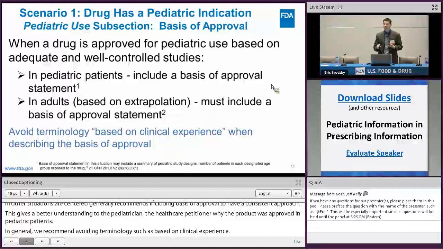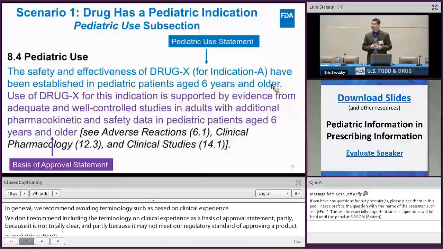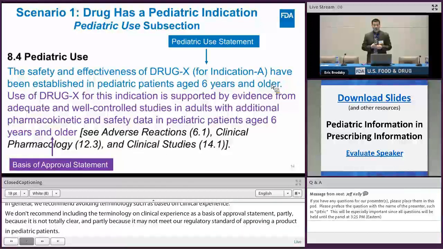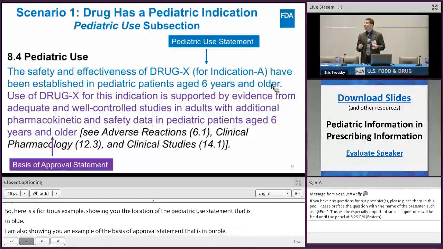So here's a fictitious example showing you the location of the pediatric use statement that is in blue. And I'm also showing you an example of the basis of approval statement that is in purple. Notice that the basis of approval statement here, this is basically a product where efficacy was extrapolated from adults. And it's a high-level summary of information.